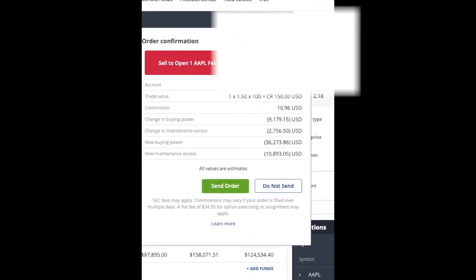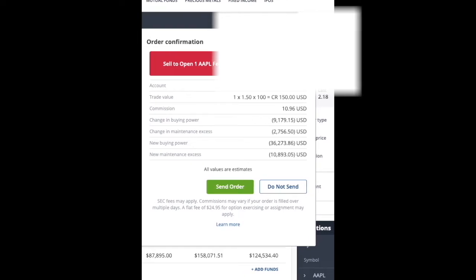So once we click sell, it will again prompt you with a dialog box just summarizing the trade before you go and send the order. It tells you the credit that you will be receiving, which in this case is $150. The other digits in here are for when you are trading on margin.